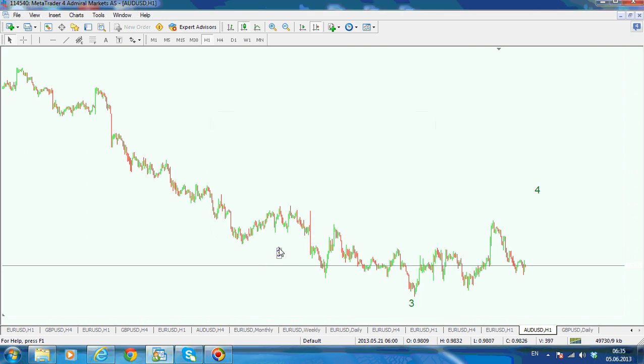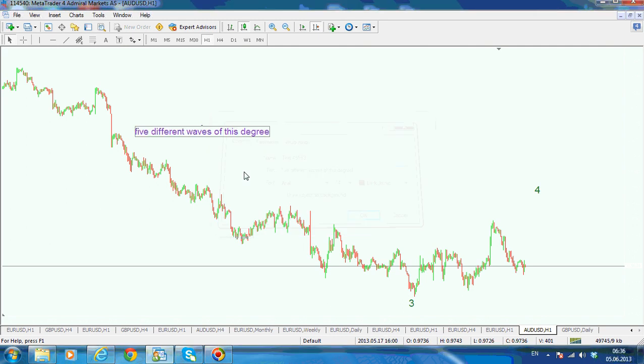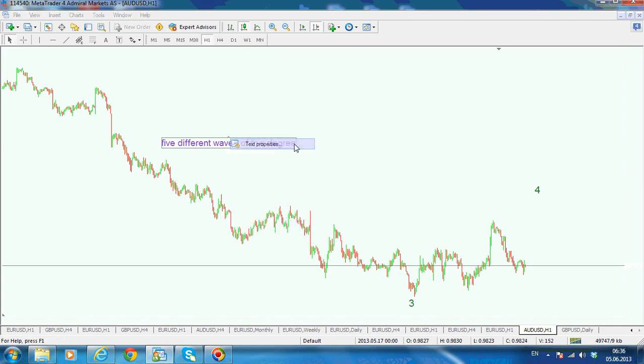So everything that you're counting here, normally you should have 5 different waves of this degree, okay, that should equal the third wave to the downside.